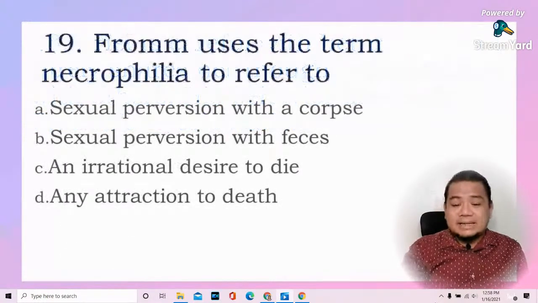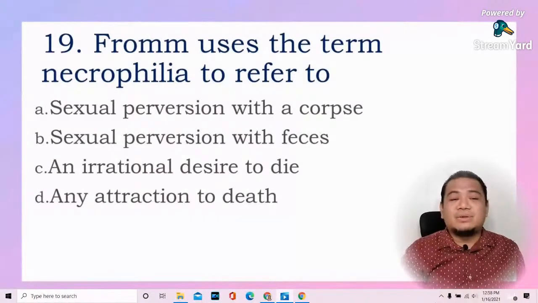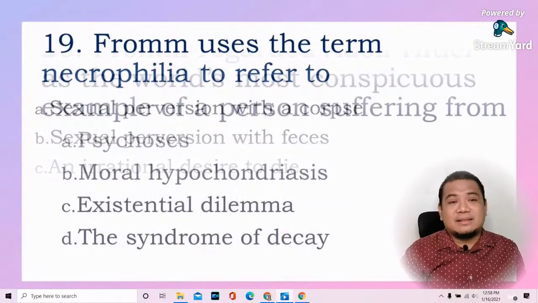Number 19. Fromm uses the term necrophilia to refer to A, sexual perversion with a corpse, B, sexual perversion with feces, C, an irrational desire to die, or D, any attraction to death.